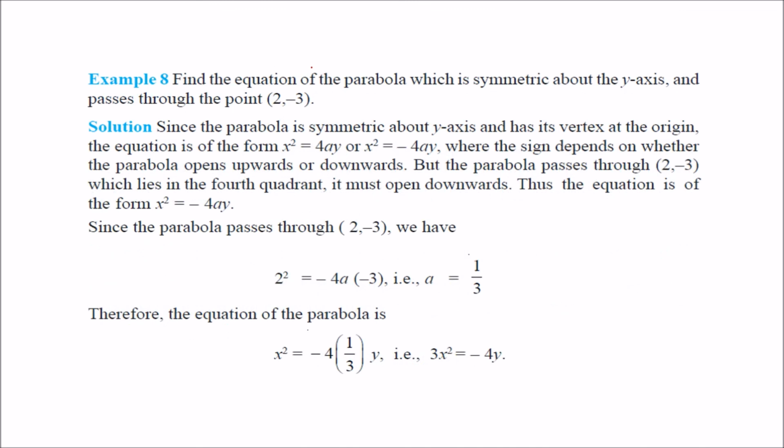Now we have to find the equation of the parabola which is symmetric about the y-axis and passes through (2, -3). Since it is symmetric about the y-axis, the equation has to be x square equal to 4ay or x square equal to -4ay. We don't know which. But this parabola passes through (2, -3), and the y-coordinate is negative, that means it will open downwards.